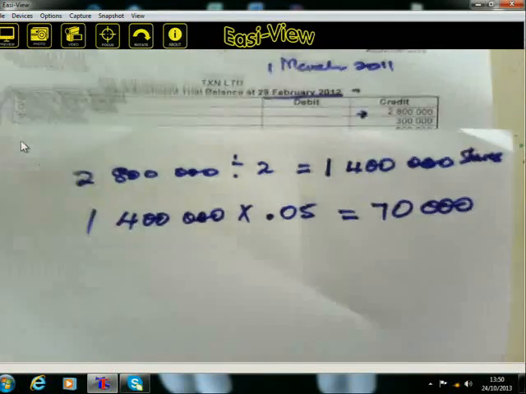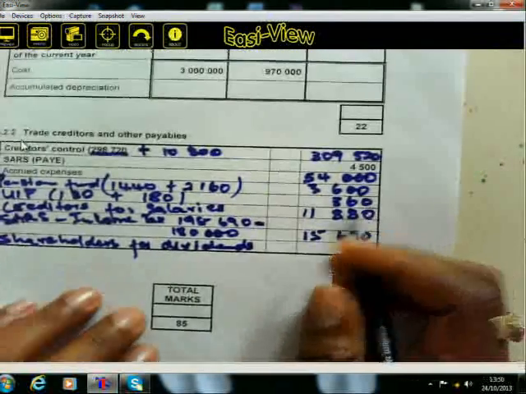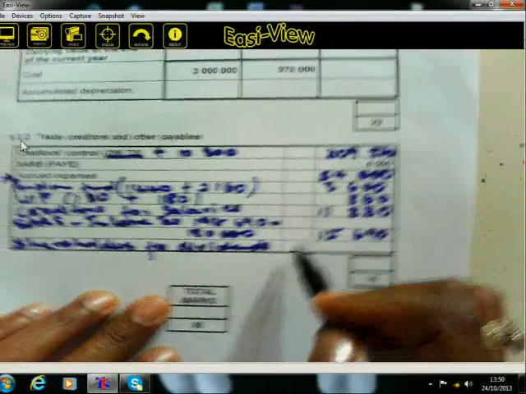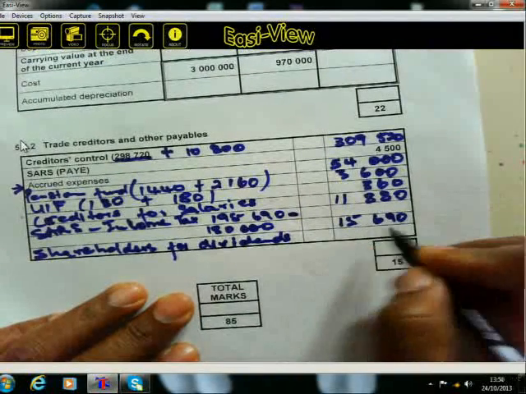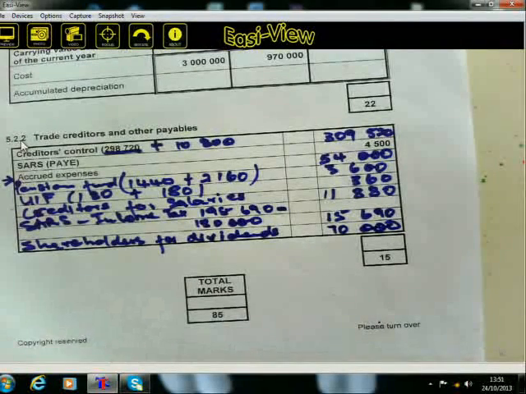So going back to my solution, where we are trying to answer, for shareholders for dividends we now know that it's 70,000 rand.